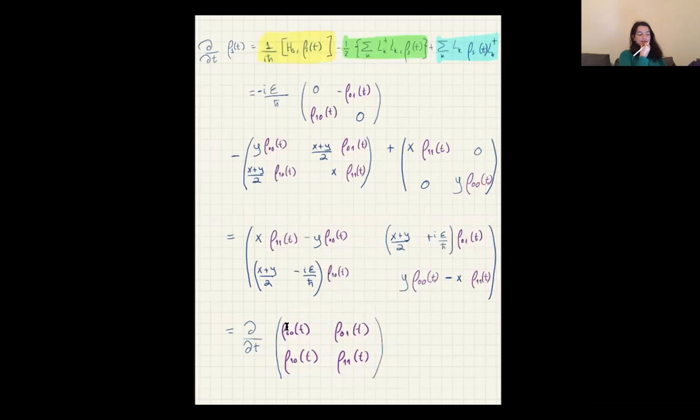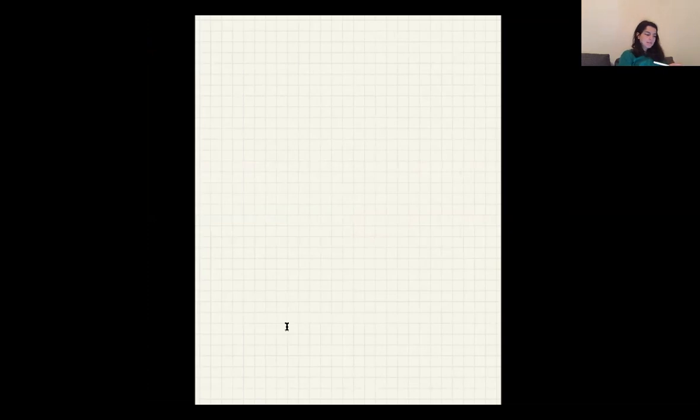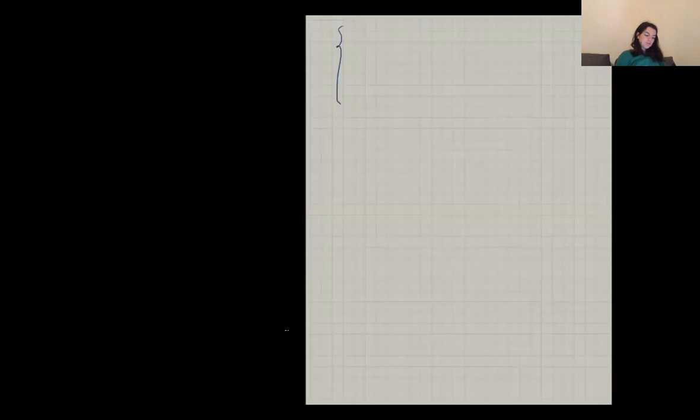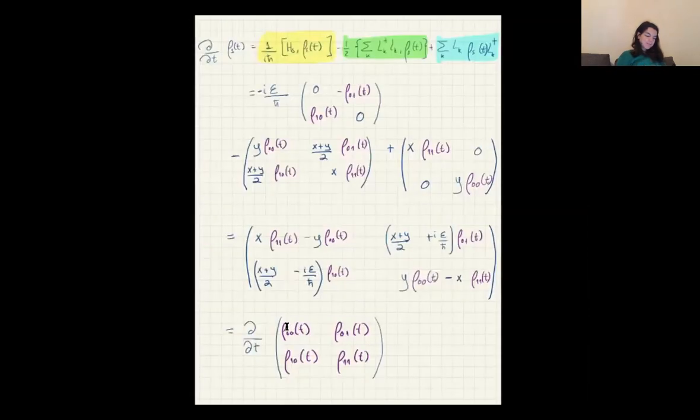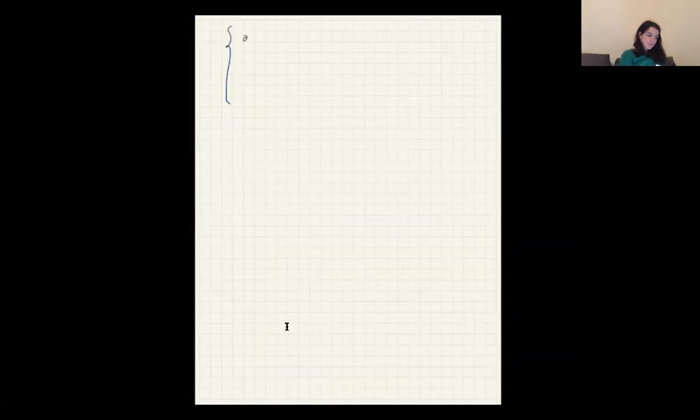So essentially, we have 4 differential equations, and they're all relatively easy to solve. And I'll show you just one way of doing it.